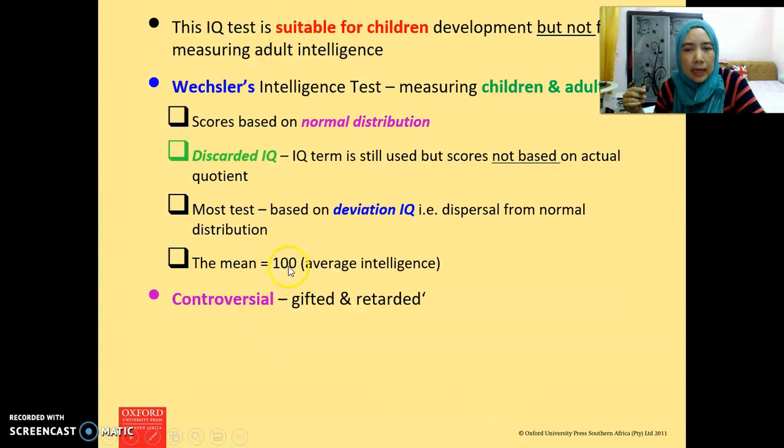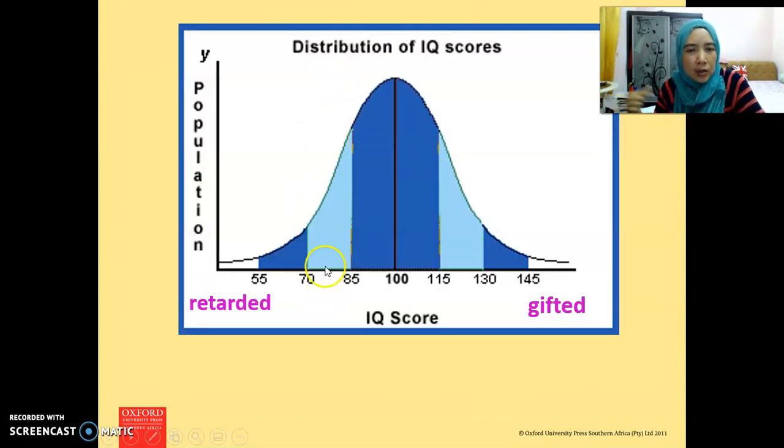The mean is 100, that means the average intelligence. So the controversial part is this line, the skewed on the left and the skewed on the right. They both indicate belonging to either retarded or gifted. This can be controversial because the difference is quite slim.